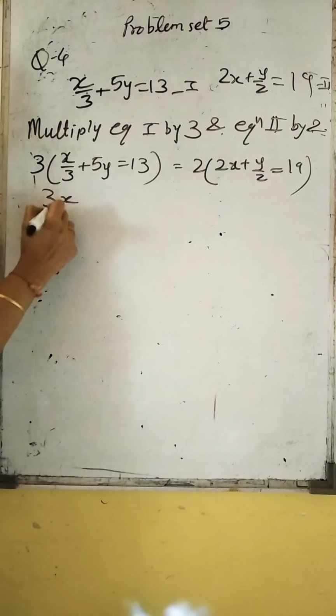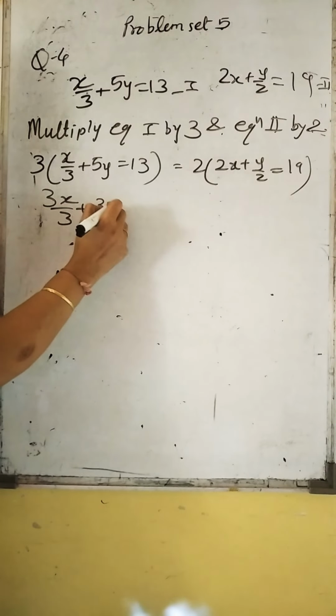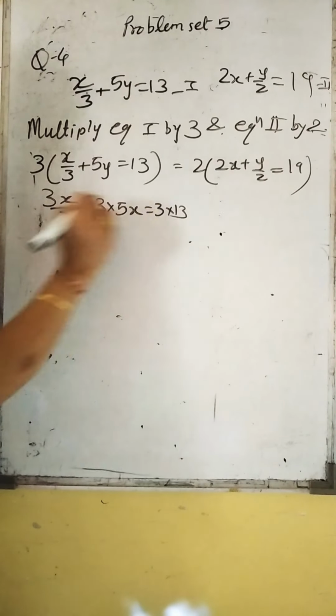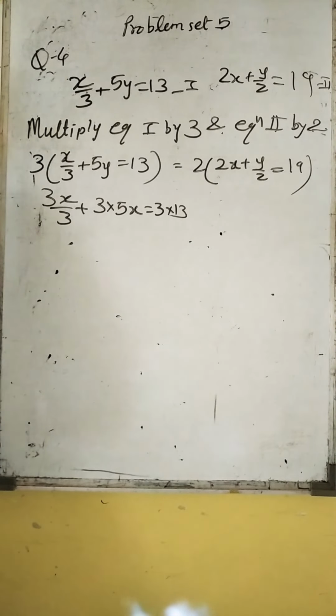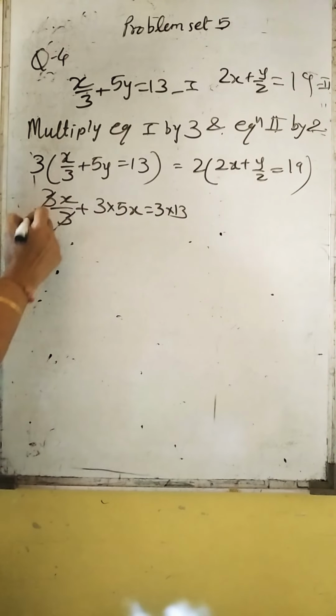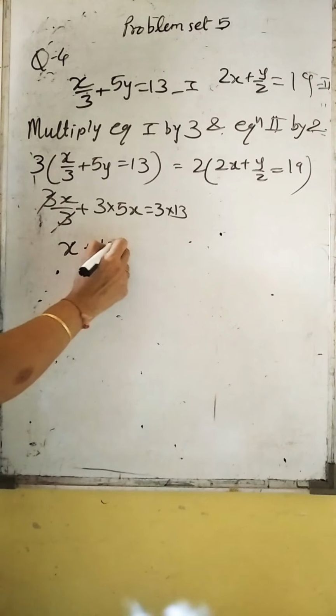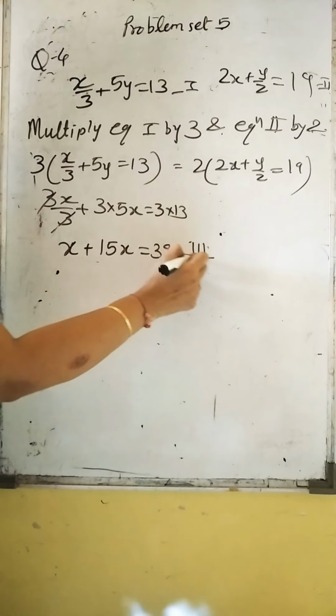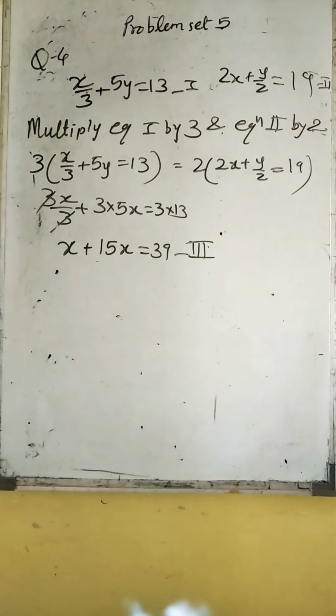So each part, first write it multiplied by 3. Don't do direct multiplication. First write it like this, multiply everything by 3. Now this 3 and 3 got cancelled. So x plus 15y is equal to 39. This becomes your equation number 3.